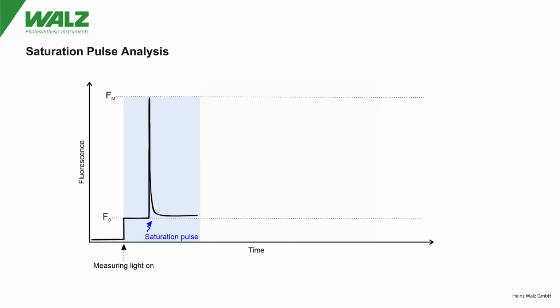From this initial saturation pulse, we obtain the minimal fluorescence level F0 and the maximal fluorescence level Fm. Together, these two values define the fluorescence range of the dark adapted state. The difference between these two values is defined as the variable fluorescence Fv.